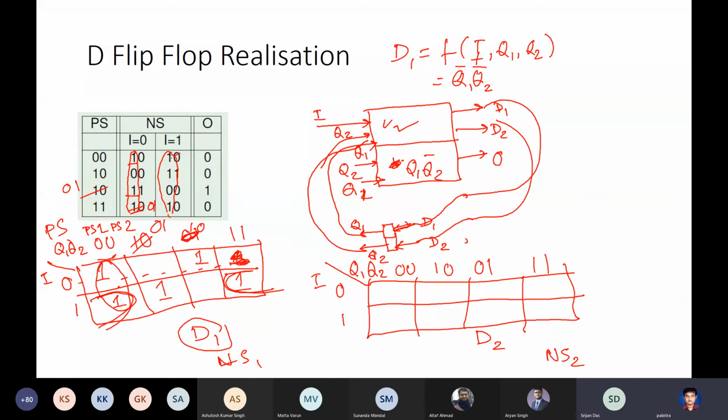It will be 0 1. So let's try to fill up this one. 0 0 for I equal to 1, second is 1. Sorry, this is 1.